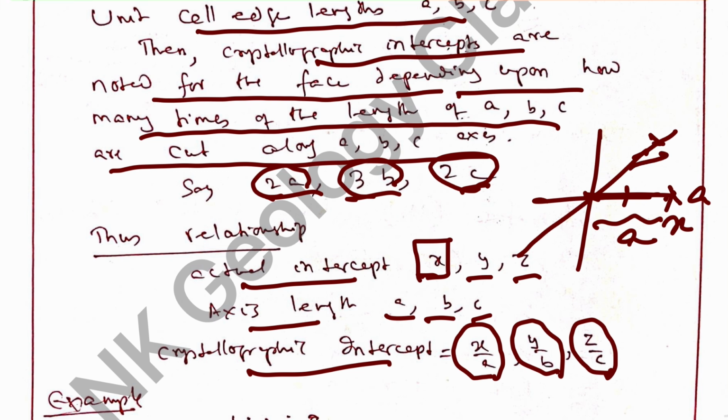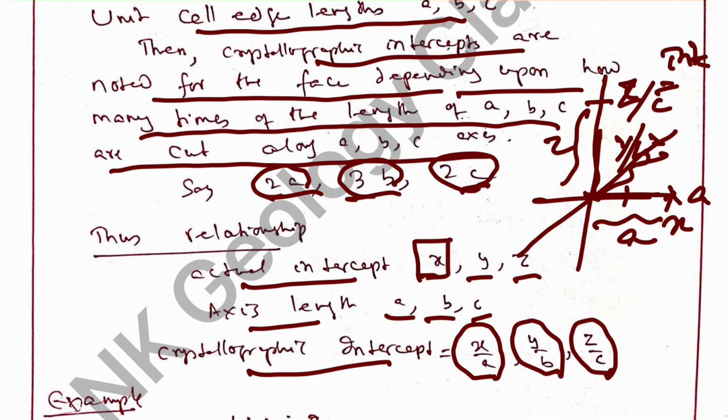This is the y intercept, so y by b. So that we can know at what length of a the face is cutting, and at what length along c the face is cutting. This is z, so z by c will give the intercept. y by b will give the intercept along b. x by a will give the intercept along a.